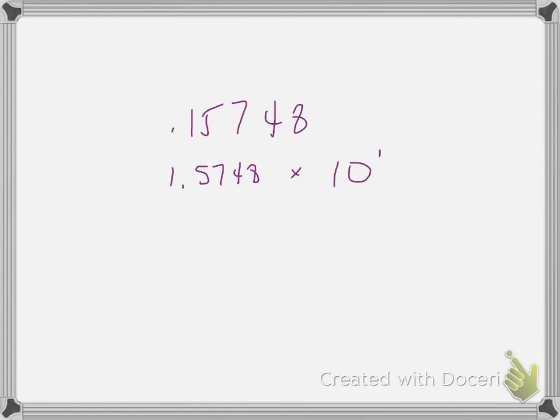So, oops. Is that right? No, that would be 1.5. So when you make the number bigger by going from 0.15748 to 1.5748, you got to take it back, which means that's a negative 1.